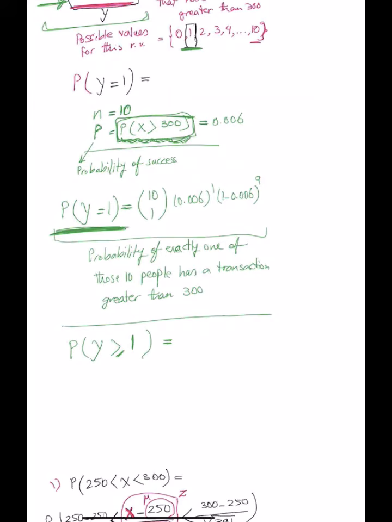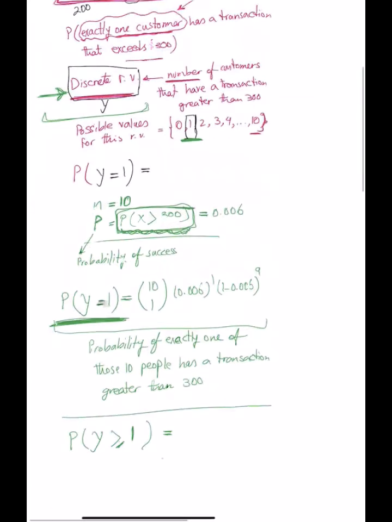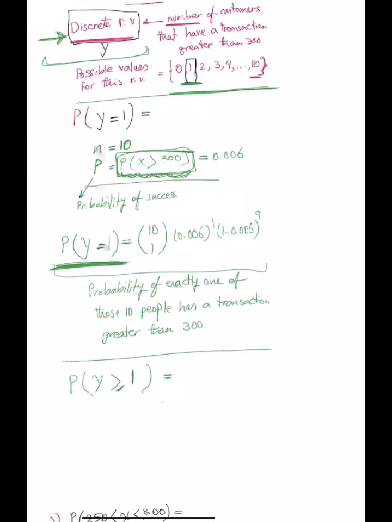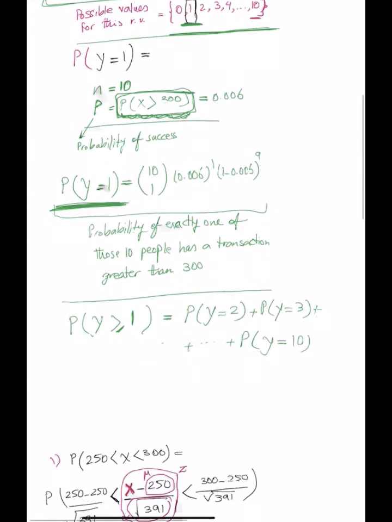So now, if you want to calculate this probability, obviously when Y has a binomial distribution, and these are all possible values for Y, 0, 1, 2, 3, 4, all the way to 10, Y greater than or equal to 1 means probability of Y equals 1, or probability of Y equals 2, or 3, or 4, or 5, all the way to Y equals 10, which means a lot of probability for each one of them.